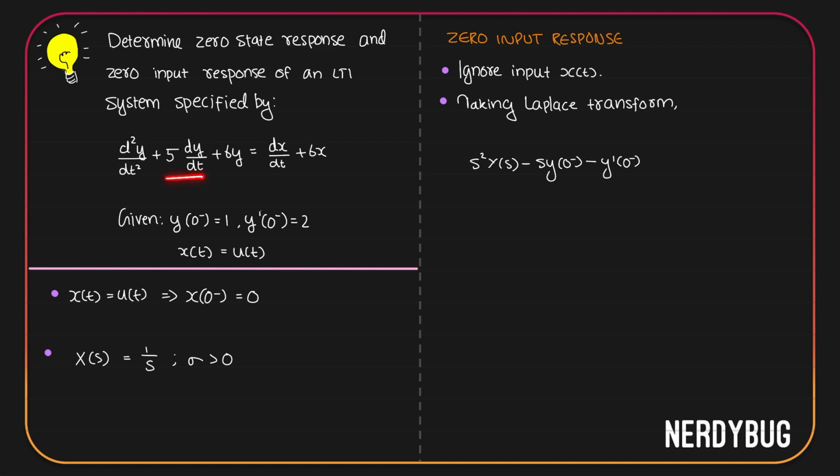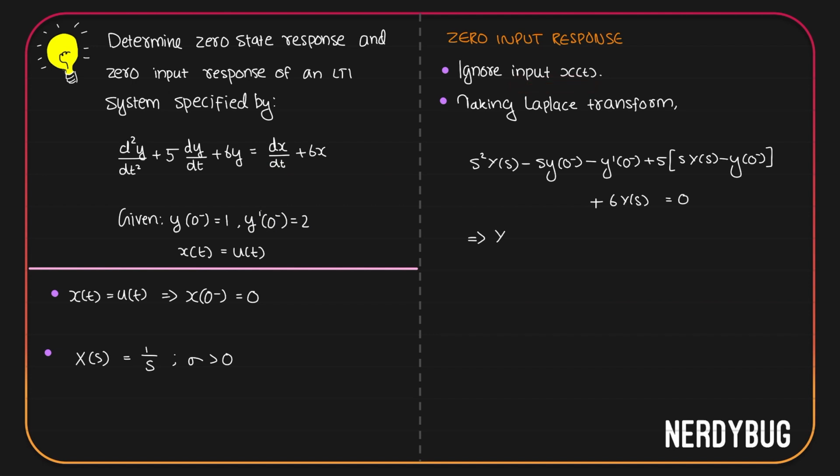The next term is 5 times dy by dt. Its Laplace transform will be 5 times s y of s minus y of 0 minus, plus the next term is 6y of t, so 6y of s. This is equal to, there is dx by dt and 6x, but we are ignoring the input, so we'll simply write 0.